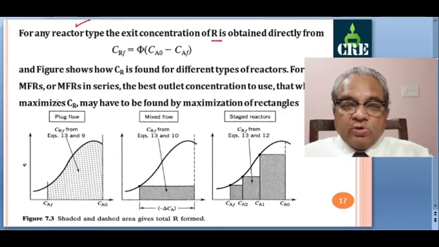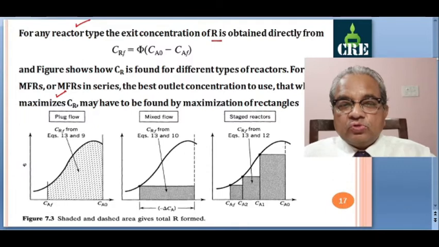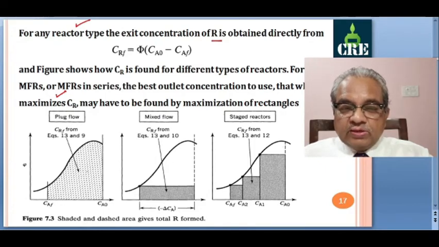The best possible condition we want is the outlet concentration where CR is maximum. So CR final we want maximum. You have to find this by maximization of rectangles if you are using a mixed flow reactor, or maximizing this area if you are using plug flow.